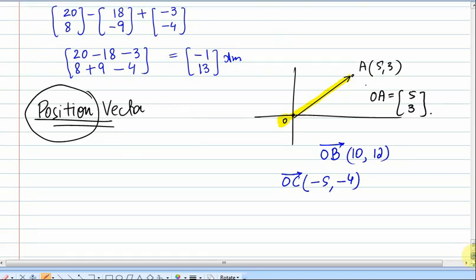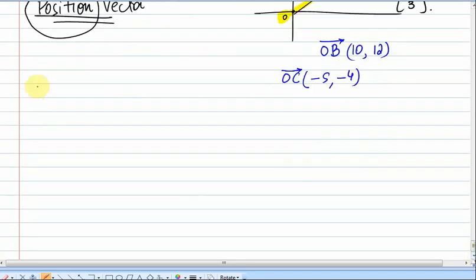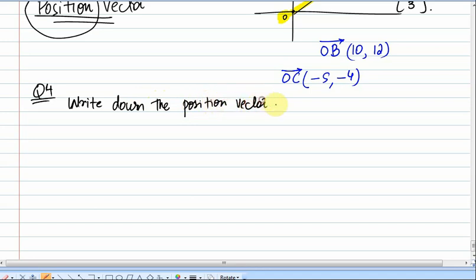Right? The same concept you need to apply in question number 4. It says write down the position vector of the following. The first part is A, coordinates are (4, 7).